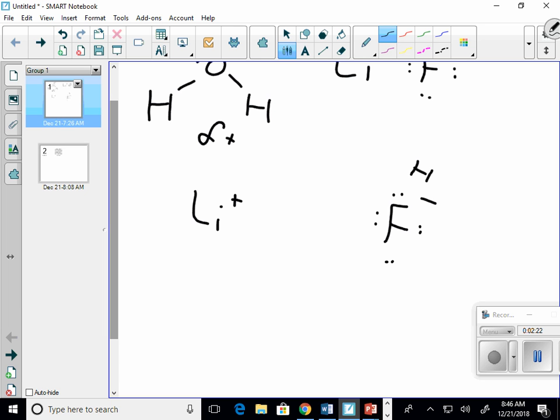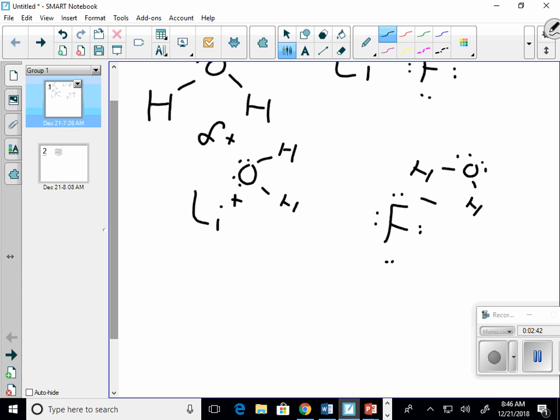That means the hydrogen end of water would be attracted to the fluoride ion. The oxygen end of water would be attracted to the lithium ion.